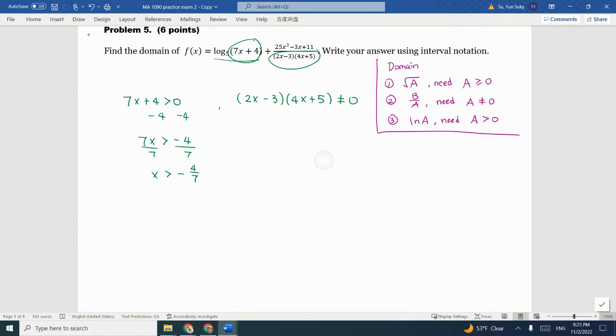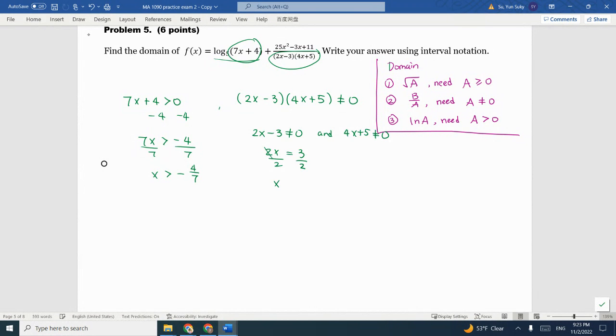Okay, and then 2x minus 3 times 4x plus 5 not equal to 0. That means both factors cannot be 0. So 2x minus 3 cannot be 0, and 4x plus 5 cannot be 0. Solve for x. Add 3 on both sides. We get 2x not equal to 3.